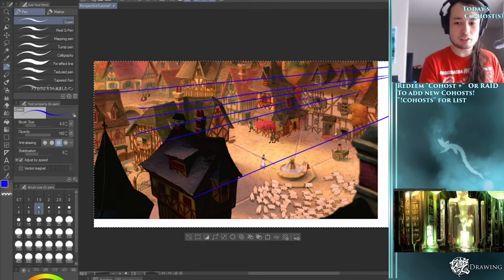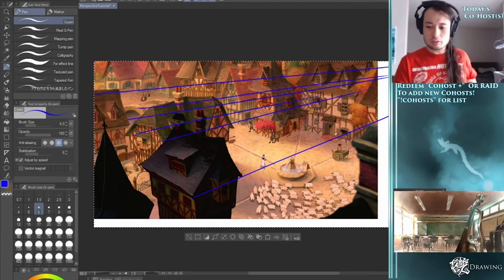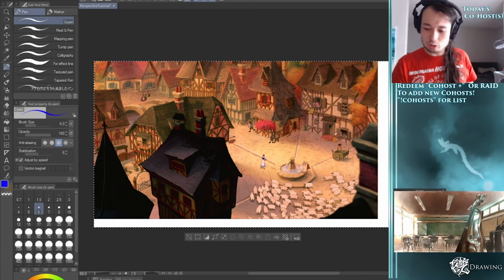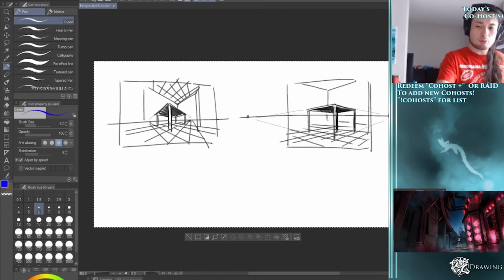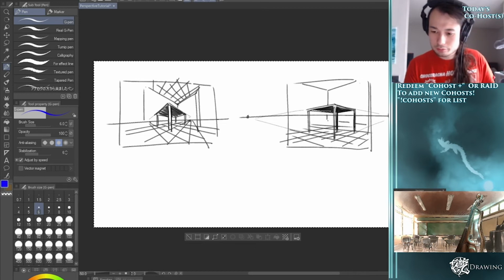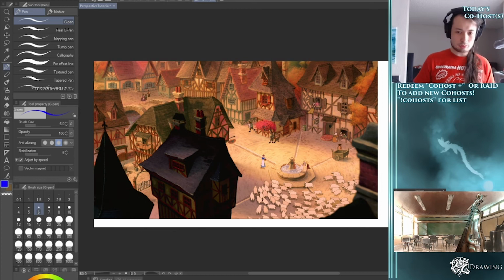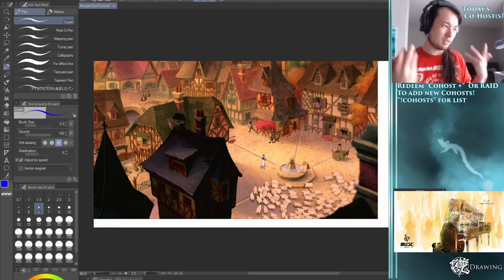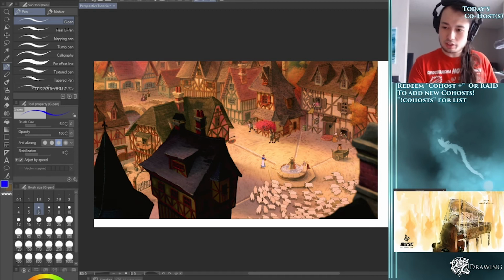It's just that they converge very far away, because remember what we said about 2-point perspectives. When you put these points very far apart, you get a very naturalistic feeling. And here too, we have a very naturalistic feel. It seems like a big space. But it is, I think, a 2-point perspective.